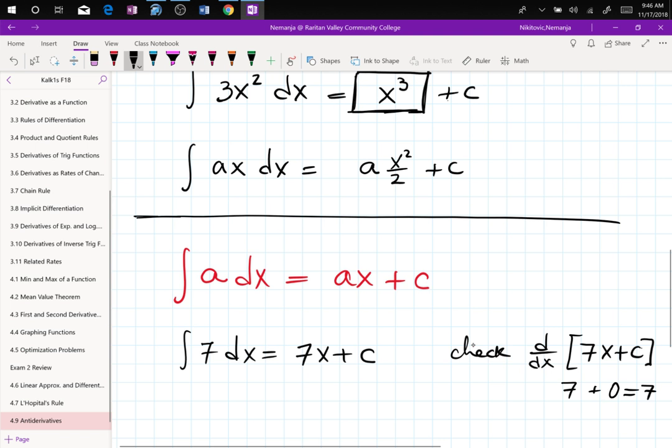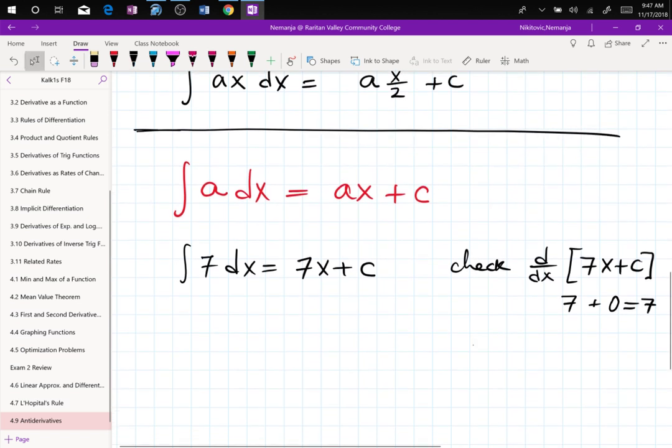So the derivative of a constant is zero. Next, the integral of x to the n dx.